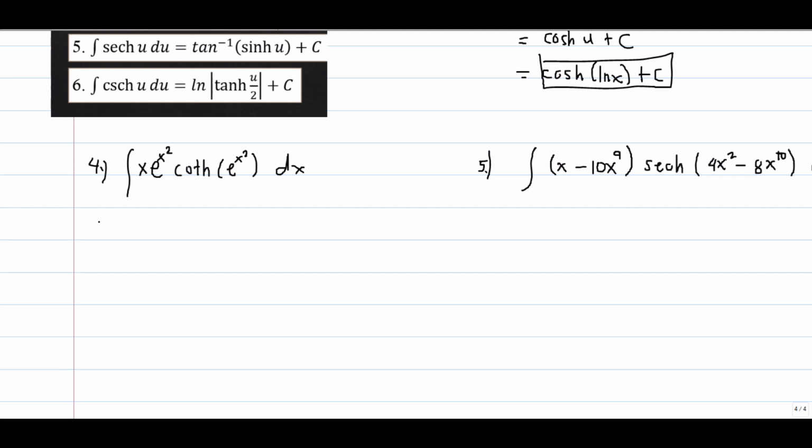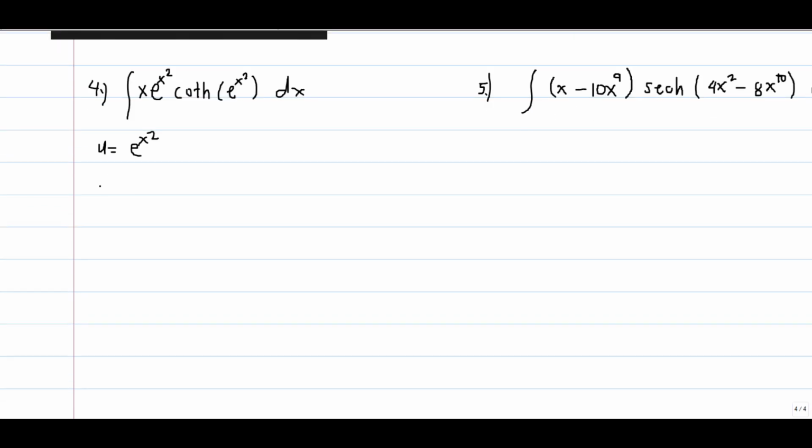In this case, let's say u is equal to e to the power x squared, then du is equal to e to the power x squared times the derivative of x squared, which is 2x, then dx.